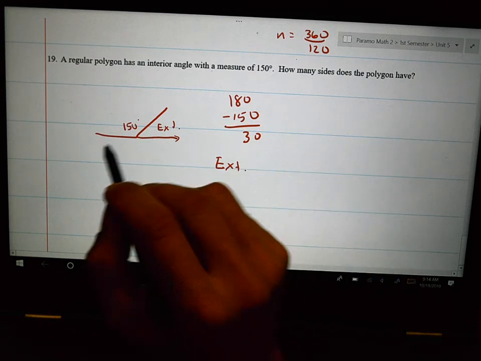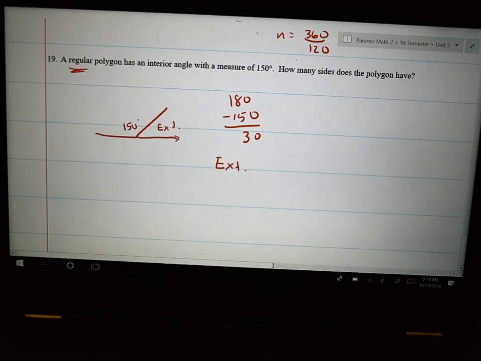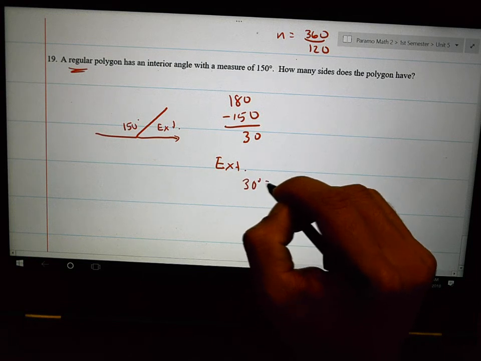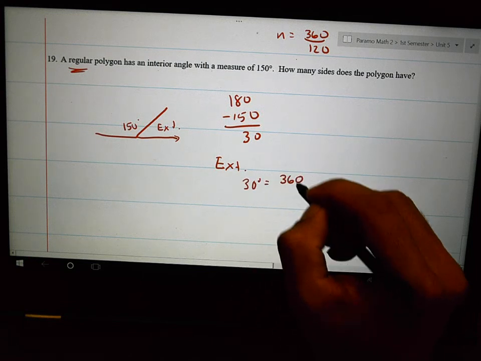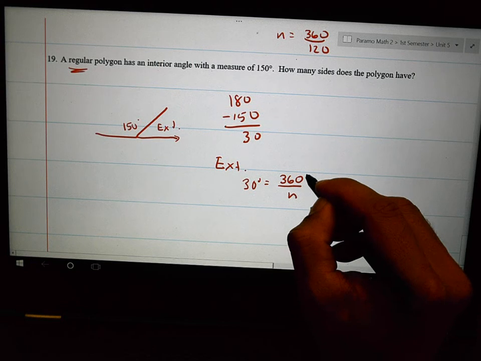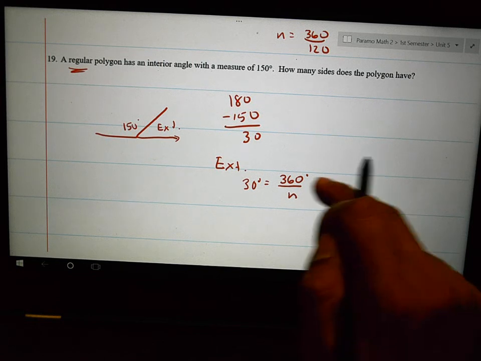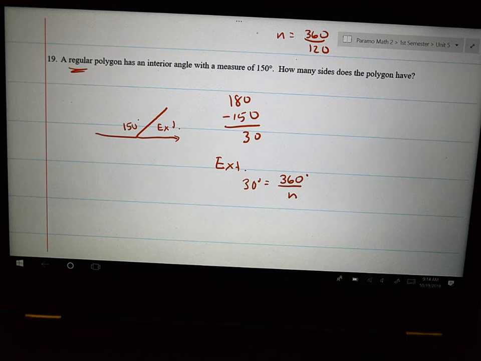and it's a regular polygon. That 30 degrees should be equal to 360 degrees divided by n. I'm using that individual exterior angle formula. You can do the long way, multiply by n, then divide by 30, or you can do the switcheroo.